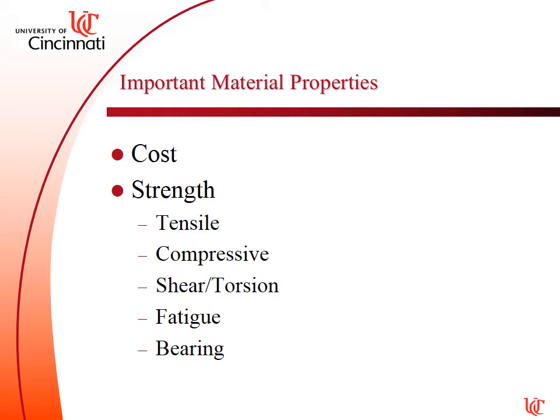So when we look at materials and say something like concrete has good strength, really what you're saying is concrete has pretty good compressive strength, because the other strengths in concrete are really not that great. That's something you definitely want to keep in mind as we pay attention in class this semester.